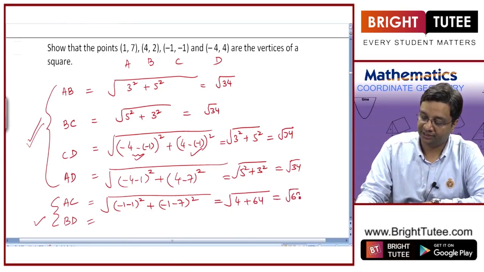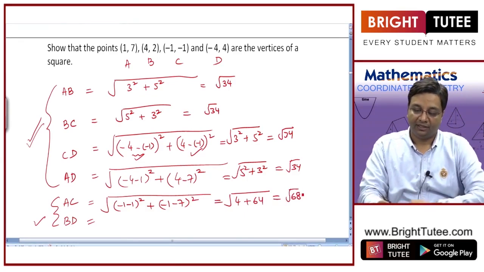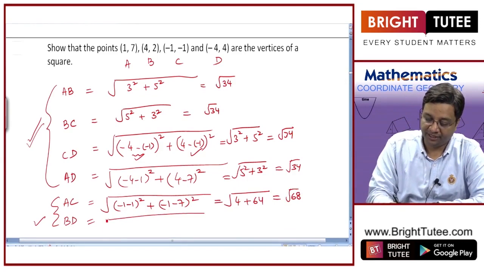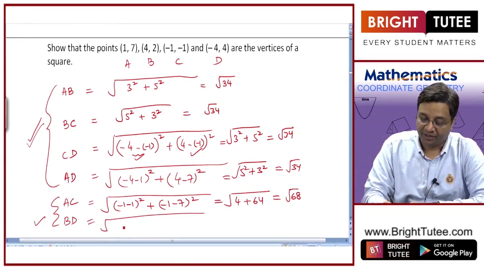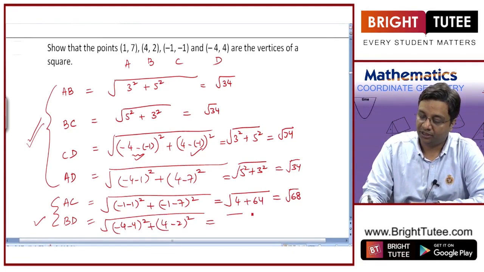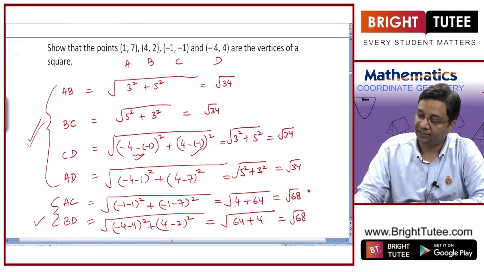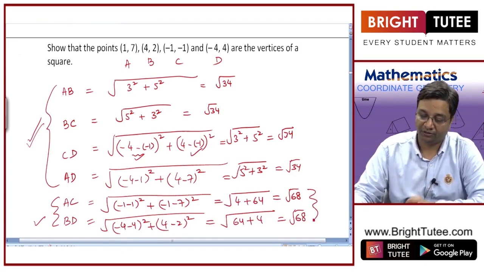So root of 68, right? Let's see what BD is equal to. BD, minus 4 squared plus 4 minus 2 squared. So it will be equal to 8 square is 64, 2 square is 4, so root 68. So the diagonals are also equal.